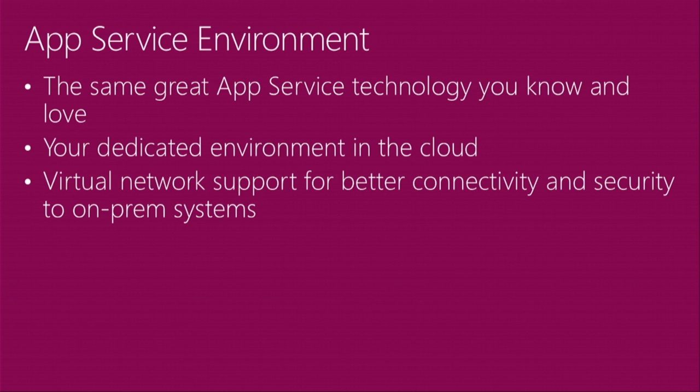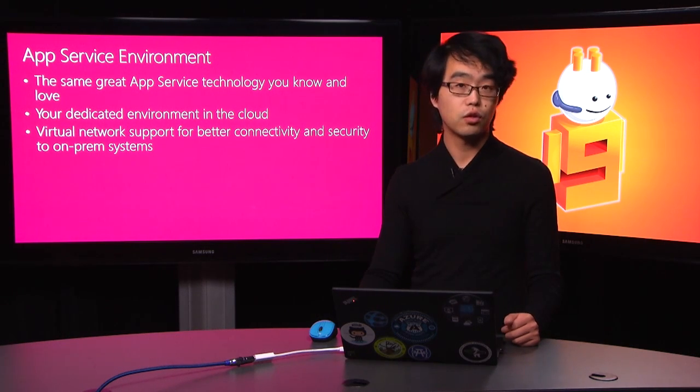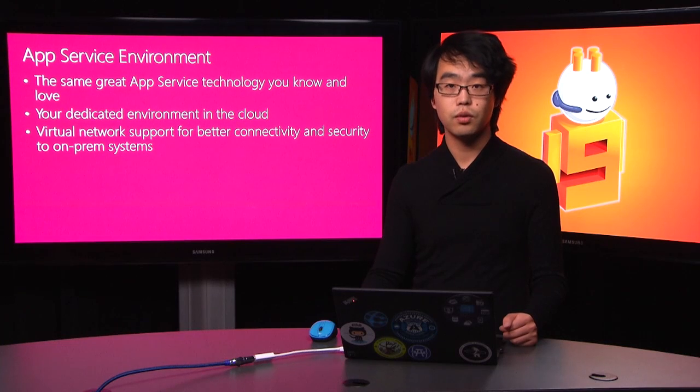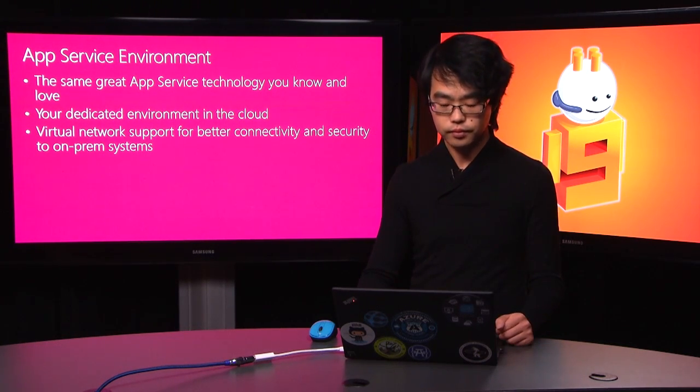You don't need to worry about how many computers you're using. This is your dedicated compute resource. And third, it also has virtual network support for better connectivity and security to your on-premise system, so that if your organization has a lot of APIs and data sitting in your own data center, with this virtual network support, it's very simple and very secure to connect them into your cloud system.